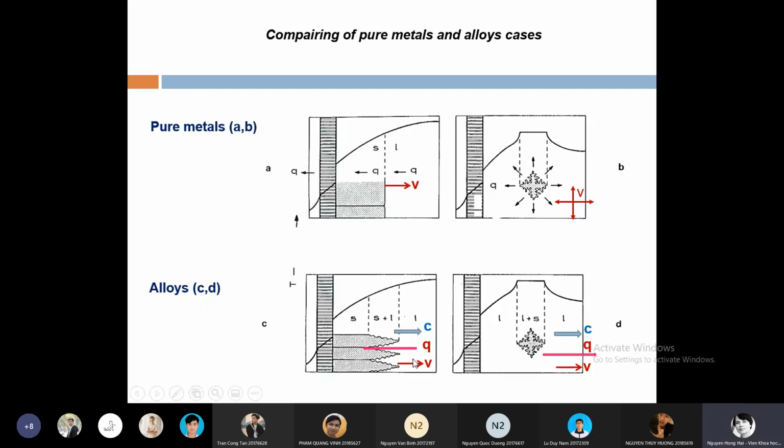So in this case, heat flows from liquid to solid, but solute from solid to liquid. It's a columnar solidification, columnar dendrite. In the case of the equiaxed dendrite, we have the solute diffusion flow, heat flow, and growth direction all the same, from solid to liquid to the environment.